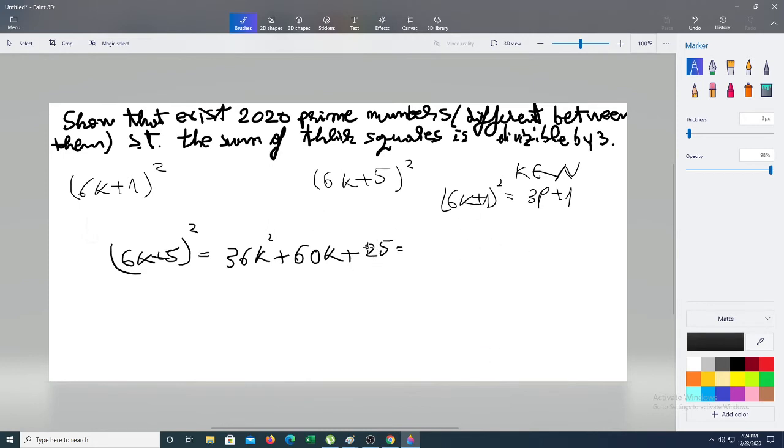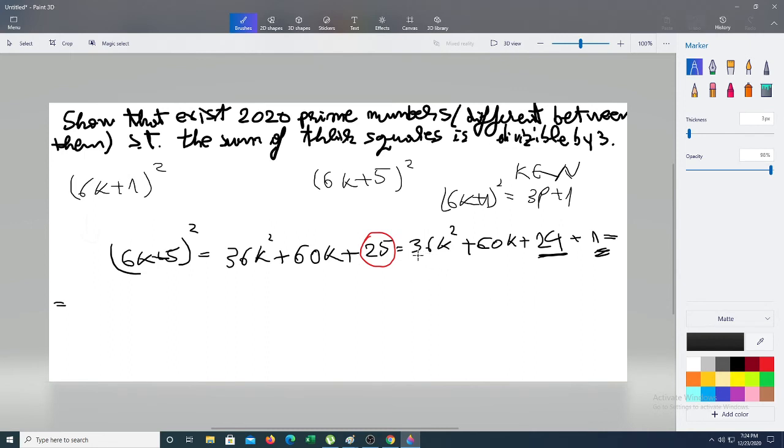Here I want to pay some attention on this 25 because we have a special number. Continue writing 36k squared plus 60k, but here we stop because we want to do plus 24 plus 1, which is the same as 25, equal to.